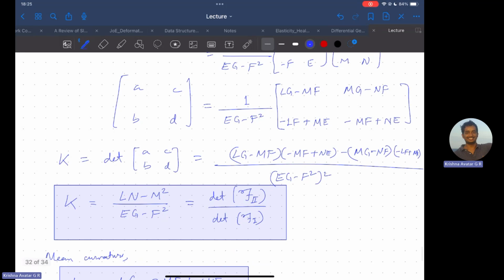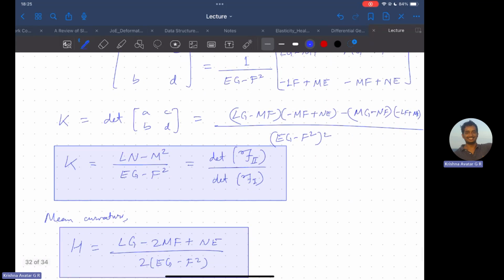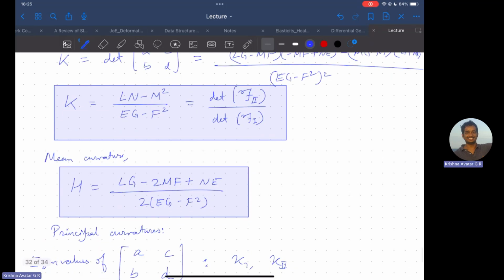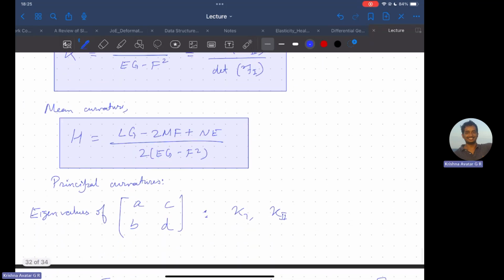And using this, it's very straightforward here. We're just determining the Gaussian curvature, which is the determinant of this matrix, and the mean curvature, which is the trace of this matrix. Right? And the principal curvatures are nothing but the eigenvalues of A, B, C, D. So this gives us our principal curvatures.